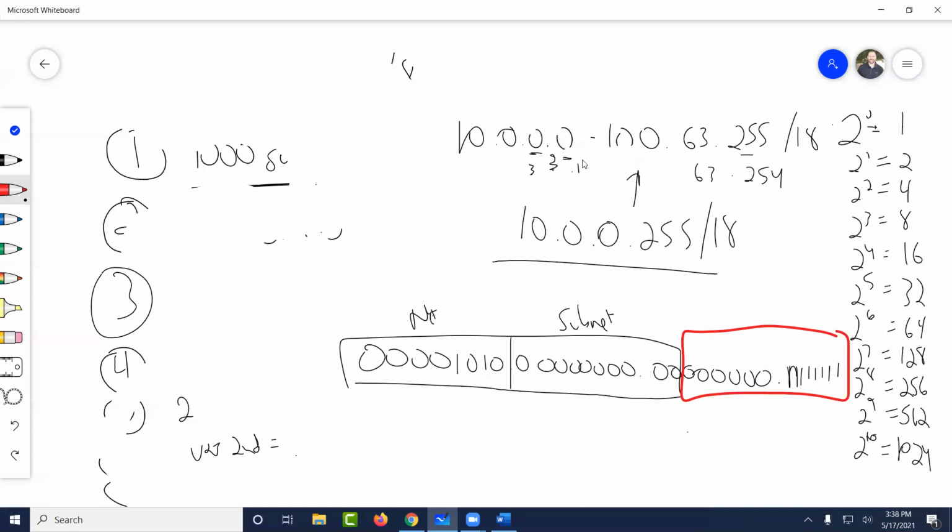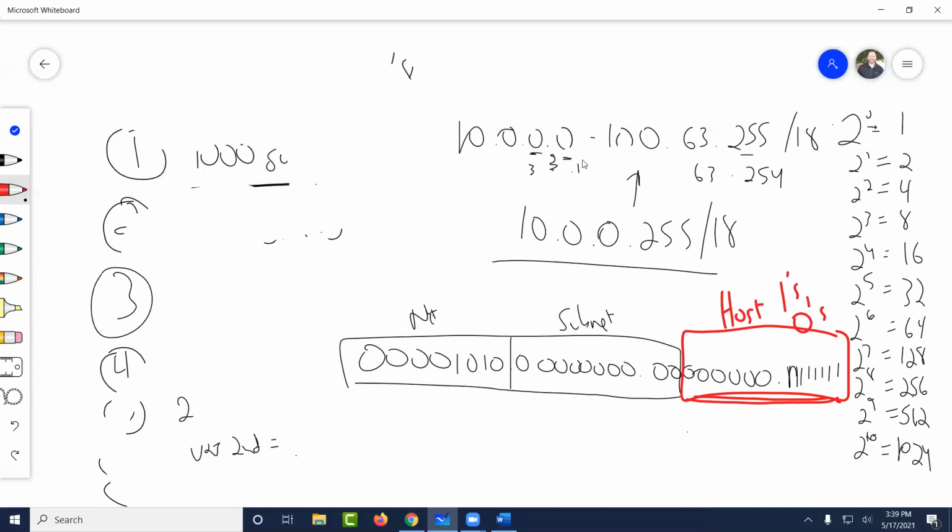No, not all of them are ones. One octet full is ones, but are all of these ones? No. Are all of these zeros? No. So when you compare an IP address to its subnet mask, as long as the host portion is neither all ones nor all zeros, it is a valid IP address that can be assigned to a host.